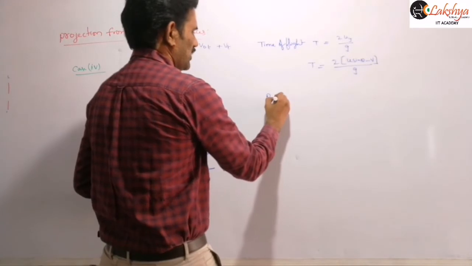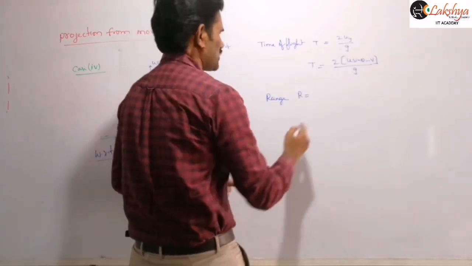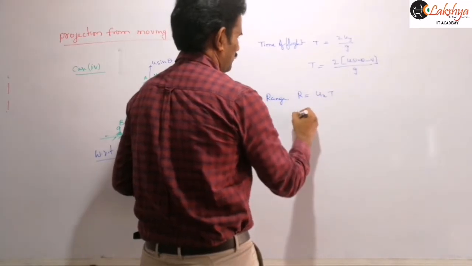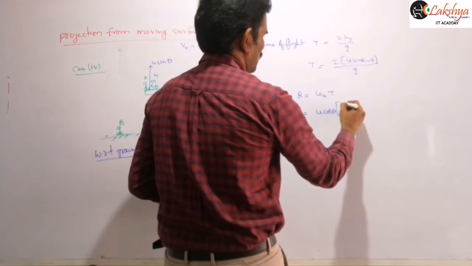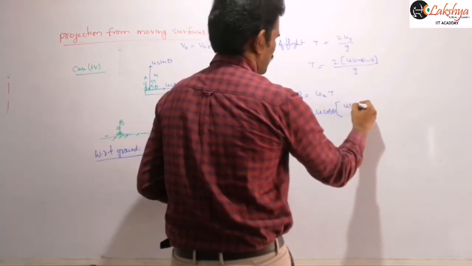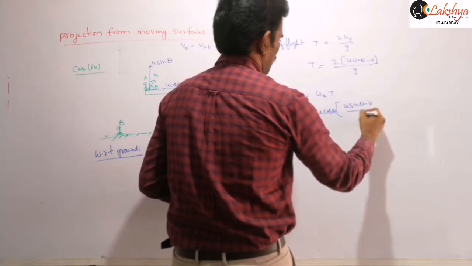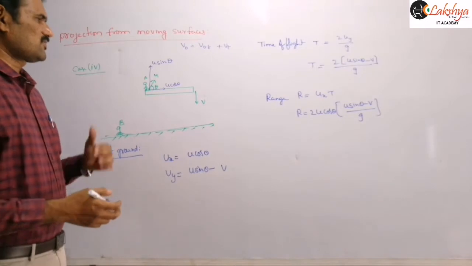And similarly that range you can write here. Range r is equal to ux into t. So ux is u cos theta, and this t value is 2 times u sin theta minus v by g. So that is our range expression.